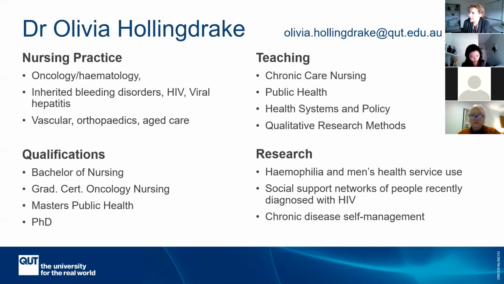In that, I looked at working with people recently diagnosed with HIV here in Queensland. And HIV is an example of a condition that once was life-limiting and is now very much a chronic condition. And so that, along with other areas I've worked in like oncology and inherited bleeding disorders, really has got me interested in chronic care nursing.